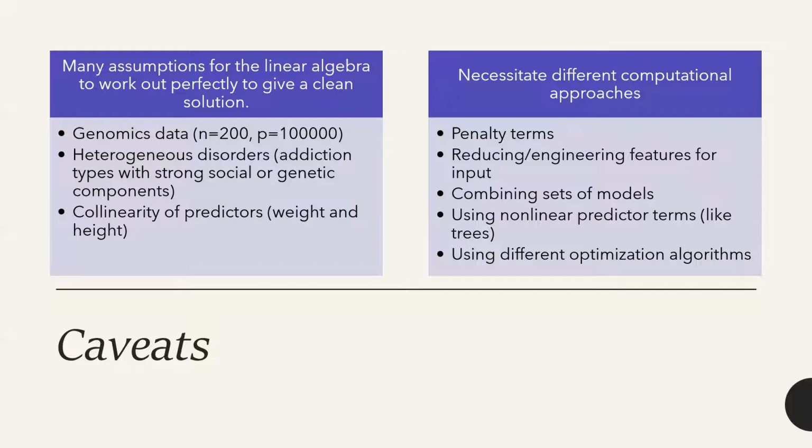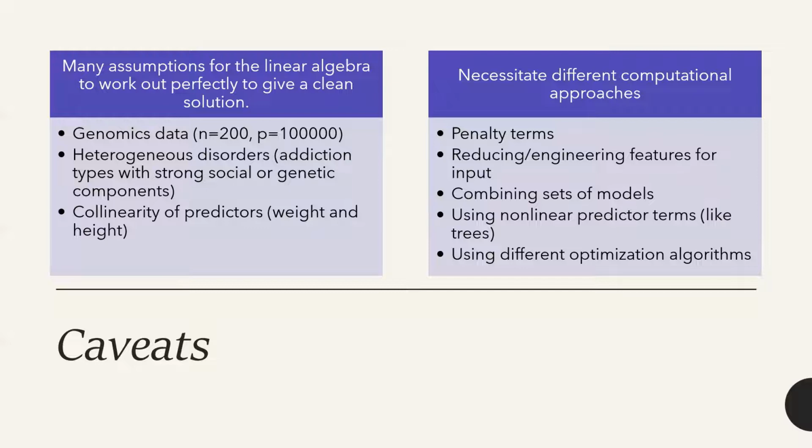For instance, BMI combines weight and height to get rid of that collinearity within a set of predictors. We might also take the approach of combining sets of models. If you've heard of random forest, this model takes sets of observations and predictors, builds a model, and continues doing this and aggregates across a set of models.